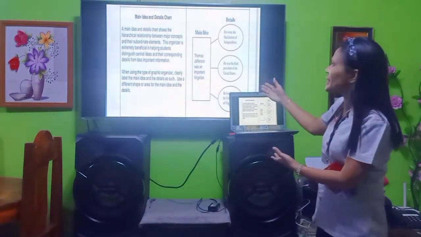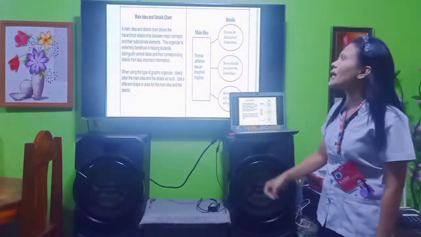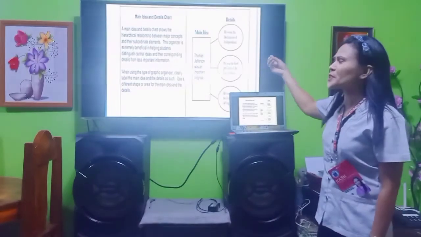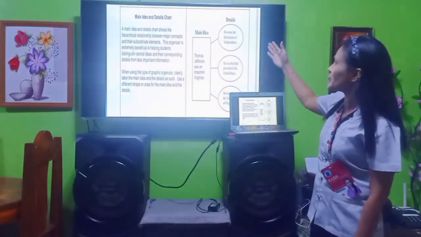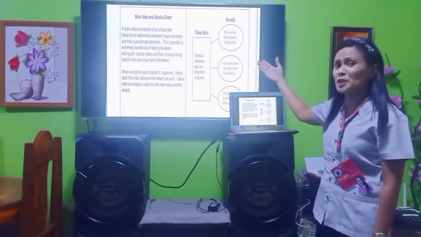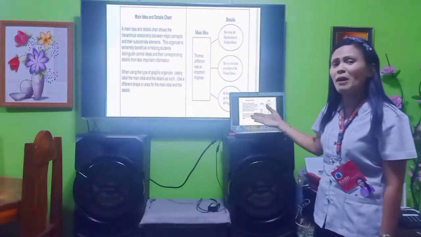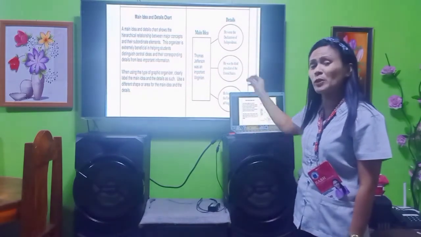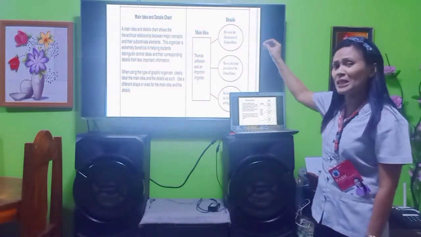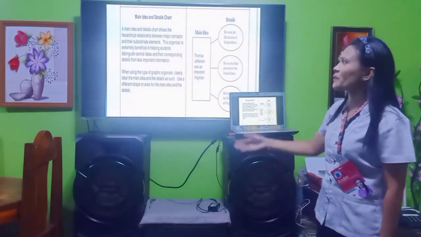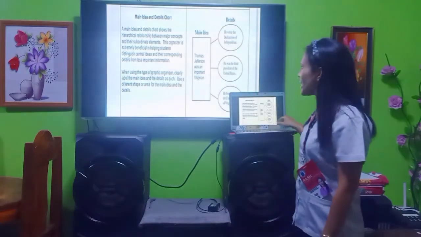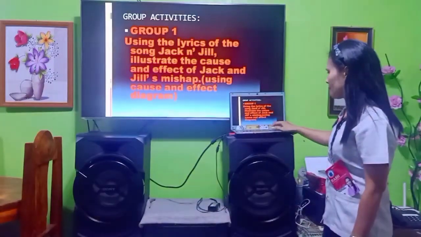So if you can see, the details were actually being arranged in its importance. So the first important one is he wrote the Declaration of Independence, and then he was the President of the United States, and he founded the University of Virginia. So it was arranged according to its importance. So this one is an example of main idea and the details chart.